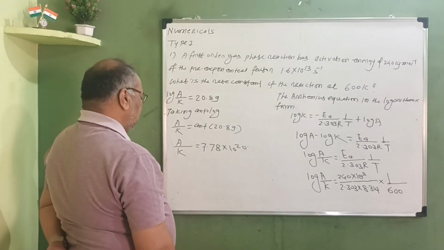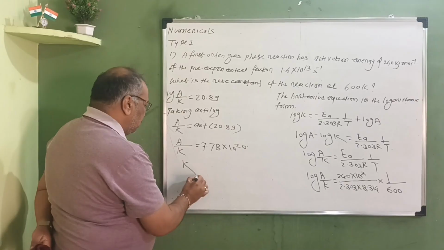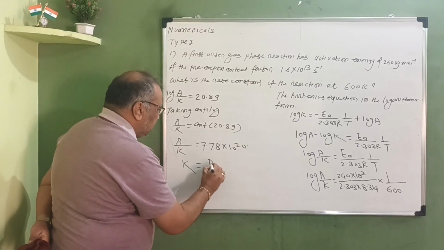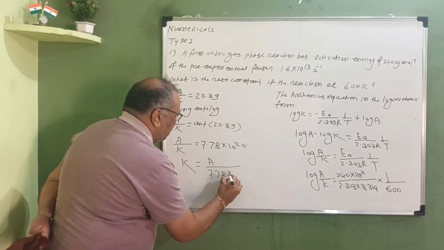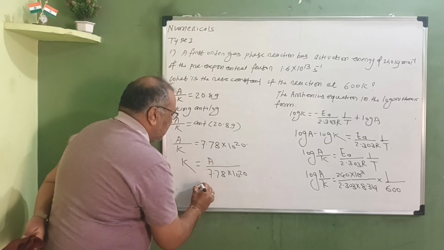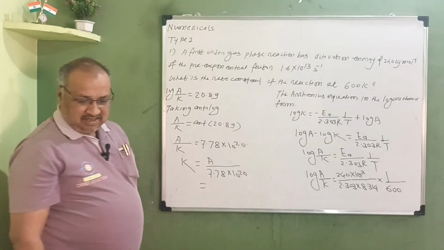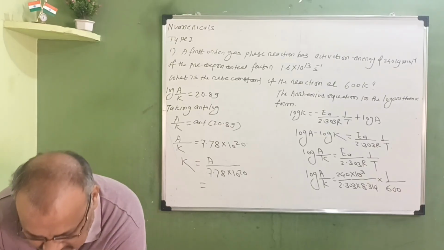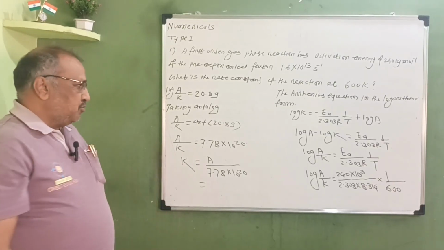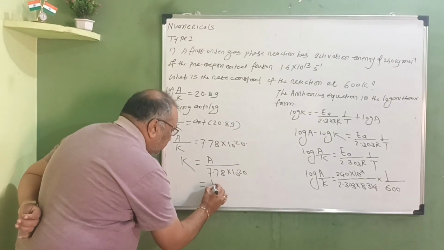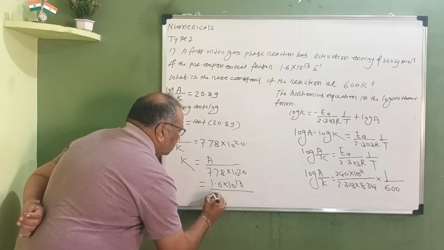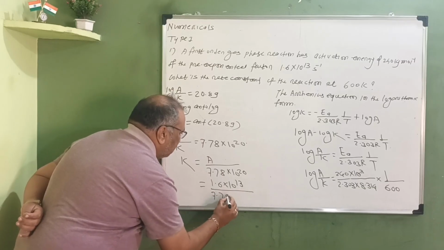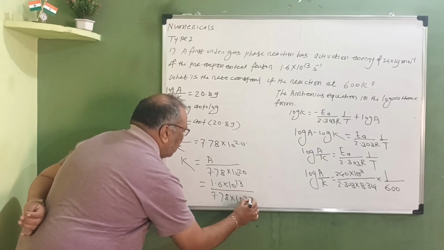Now here K equal to A upon 7.78 into 10 to the power 20, that is K equal to 1.6 into 10 to the power 13 upon 7.78 into 10 to the power 20.